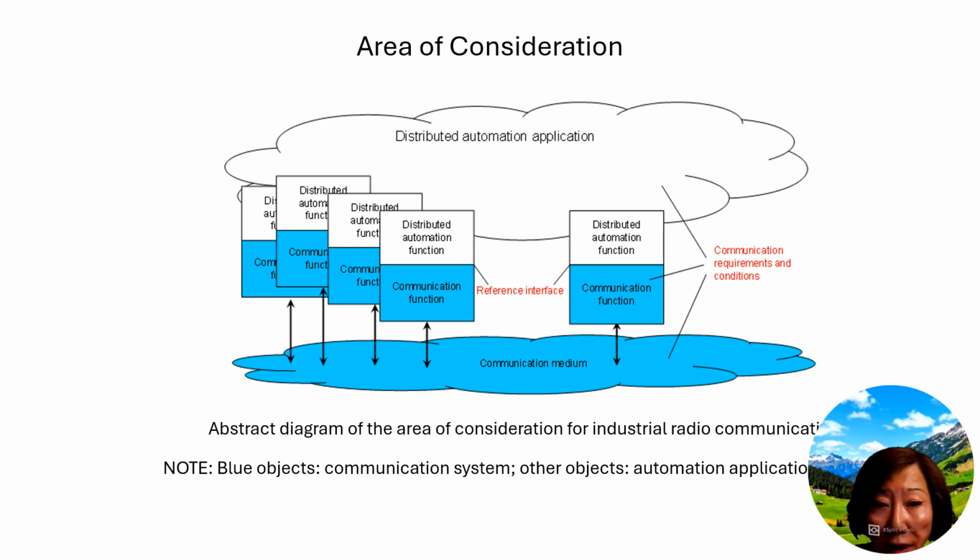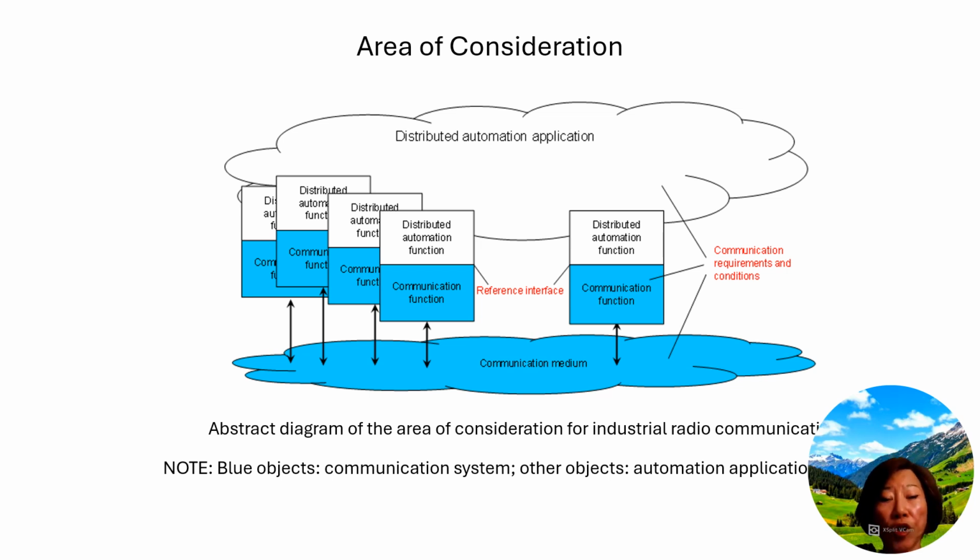So in this context, a distributed automation application system is depicted. The system comprises a distributed automation application, which aggregates various automation functions, including those in sensors, measuring devices, drives, switches, I/O devices, and encoders.